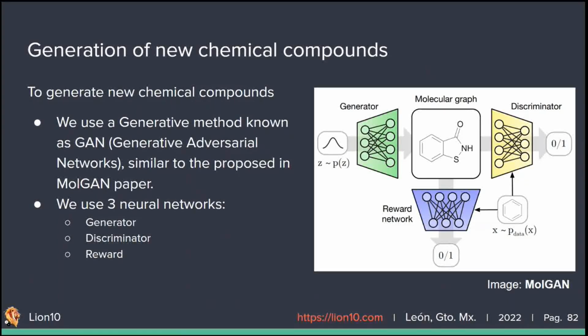But what they both have in common is that both GCPN and Mulligan use 3 neural networks. So they use a generator. We can think of a generator as a predictor. A generator is just a standard neural network model.